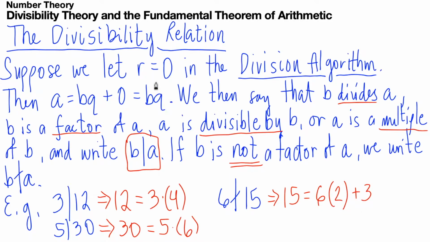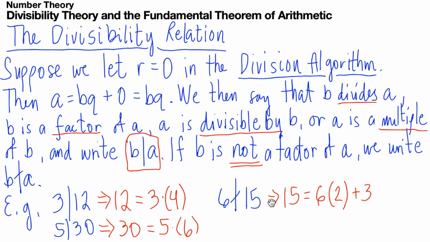The remainder must be strictly 0. So therefore, we say that 6 does not divide 15. Okay, so that's the divisibility relation. And we will be using this notation a lot after this video.